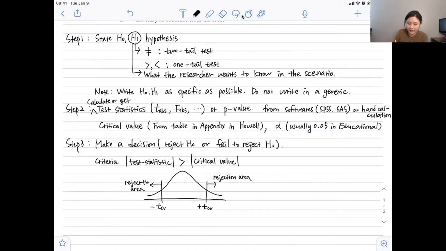If my test statistic, which is the T observed value, is here, this is the case where the absolute value of the T statistic is greater than the critical value, because the T observed value is in the rejection area. That is why we reject the null hypothesis.